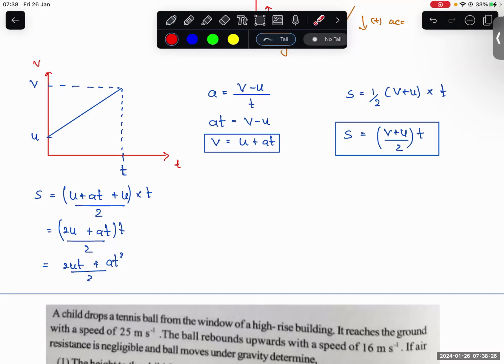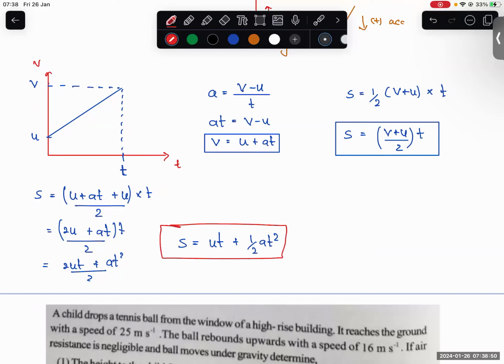So if I divide them individually, what will I get? These two will cancel each other and there will be a half in front of this component, right? So you get s is equal to ut plus half at squared. This is what you get. So this is your third equation of linear motion.